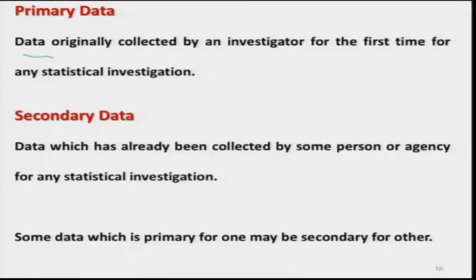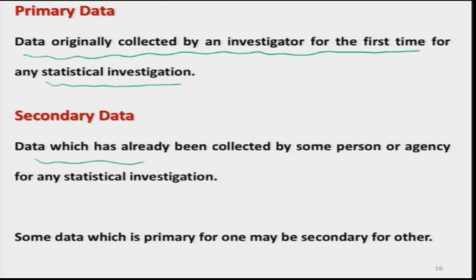So I can say very briefly that the data which is originally collected by an investigator for the first time with an objective to study any statistical query or statistical investigation will be called primary data. And the data which has already been collected by some person or agency for any objective, and we are trying to borrow or collect the data from that agency and then use it, is called secondary data.